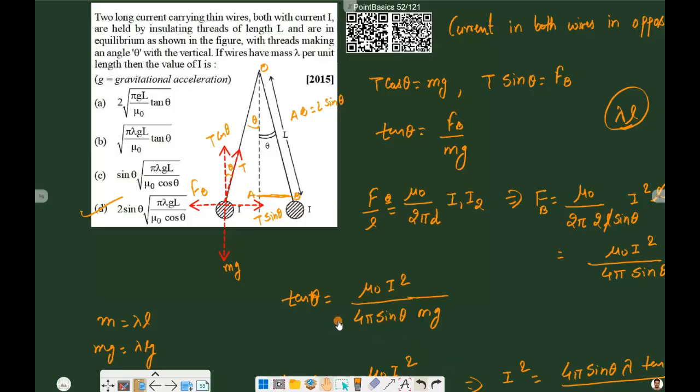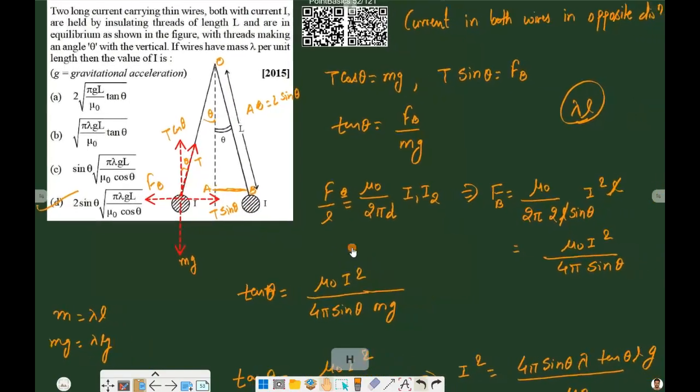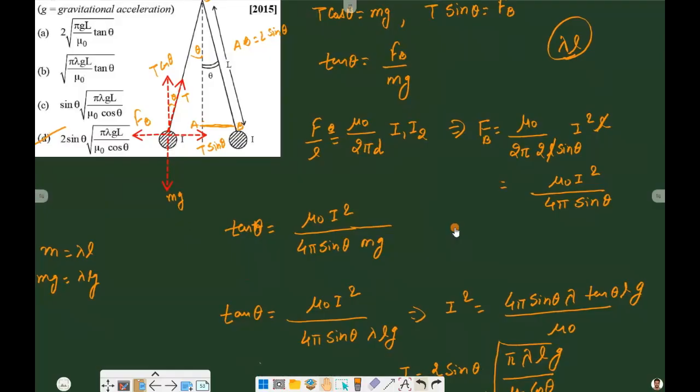Here some of you can be in doubt regarding the length, that in the question it is mentioned that capital L is the length of the thread but not the length of the conductor. Then why have we chosen L as the length of the conductor also? Because when calculating the distance between them, the distance was 2L sine theta.